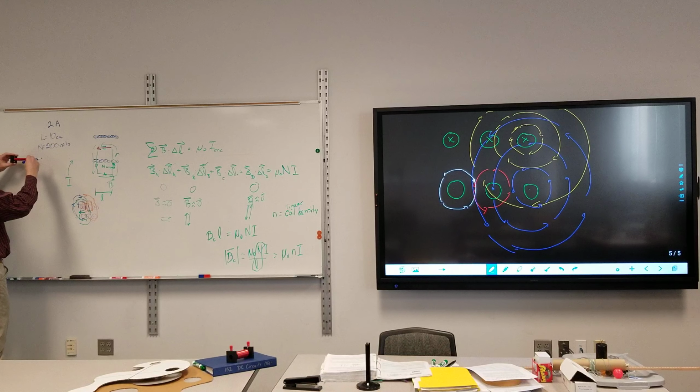And that's all. So what is the magnetic field in the center? Well, from this information right here, if I have 200 coils over the length of 10 centimeters, then my linear coil density becomes 200 coils over 0.1 meters, or 2,000 coils per meter.